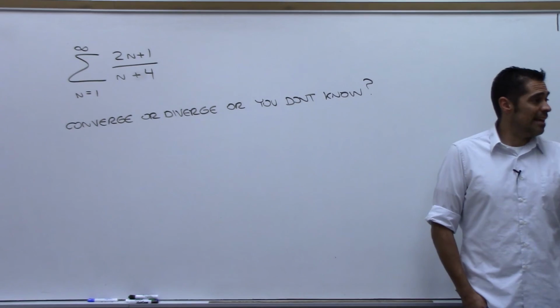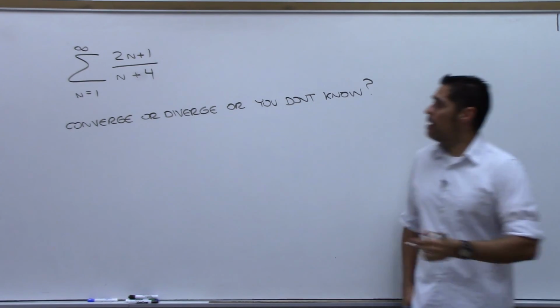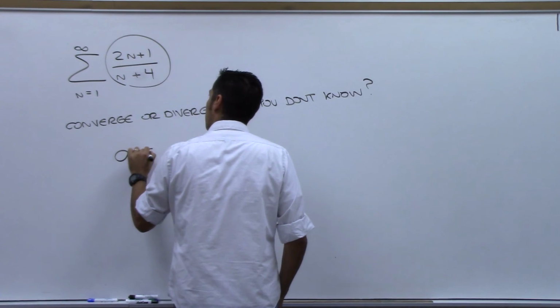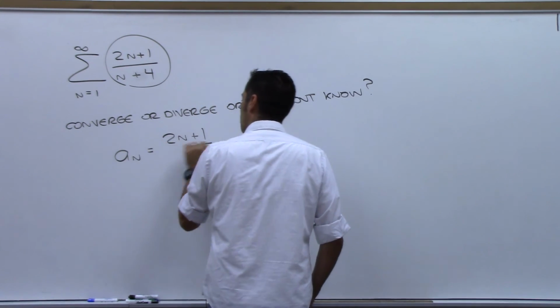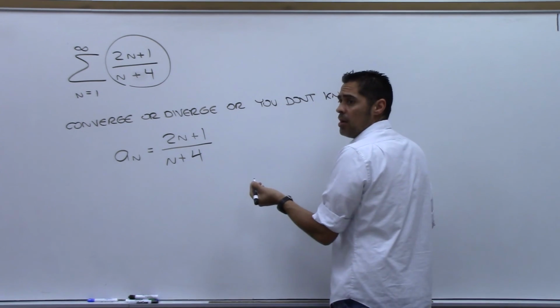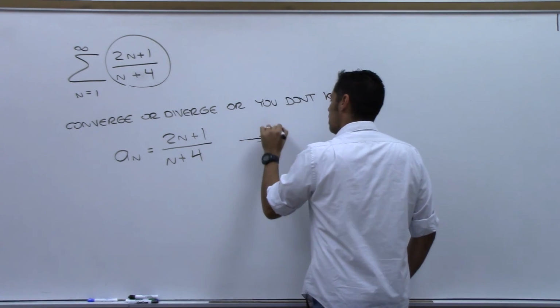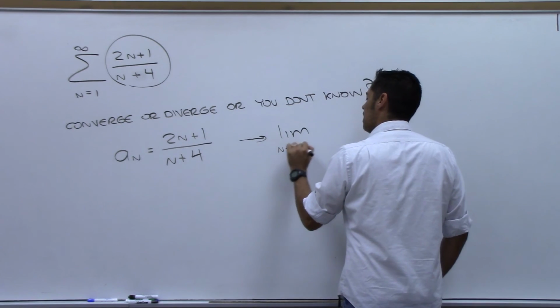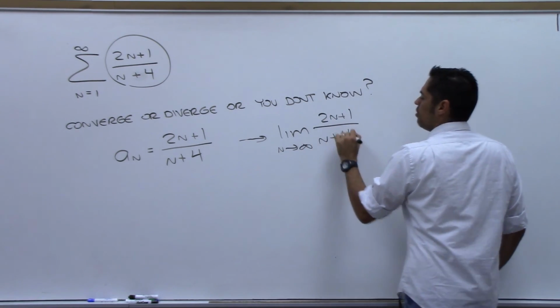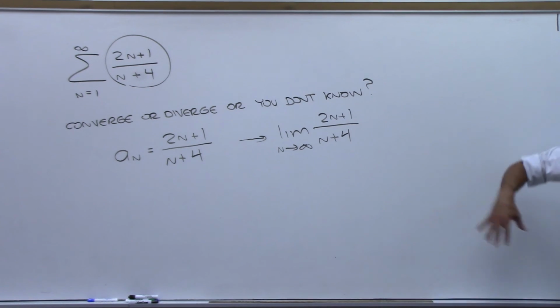So we're going to run the nth term test, right? I'm going to take the sequence a sub n, which is 2n plus 1 over n plus 4, and I'm going to run the limit on that. What's the limit as n goes to infinity of this? You get infinity over infinity. You can do L'Hopital because you could turn those into functions of x.